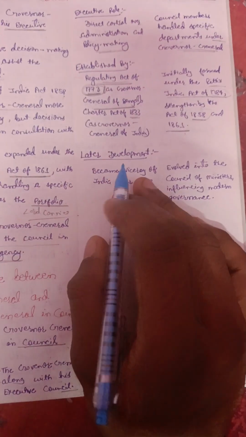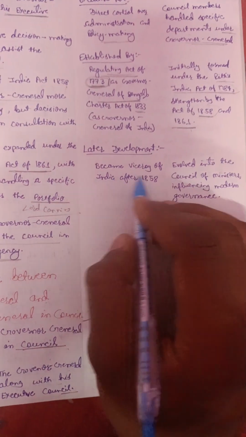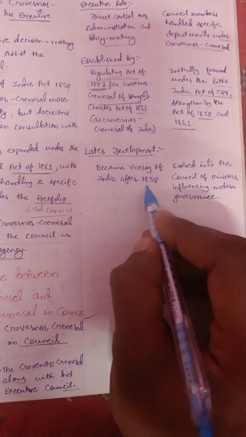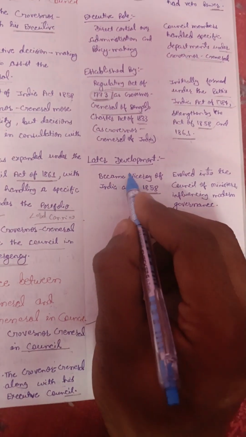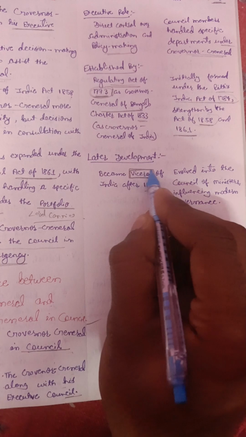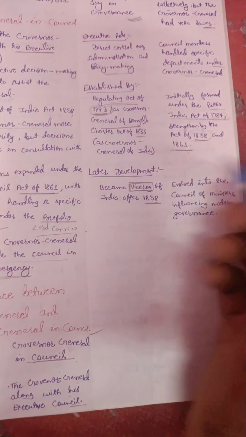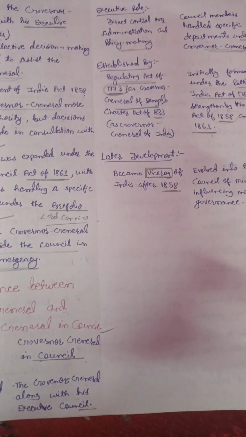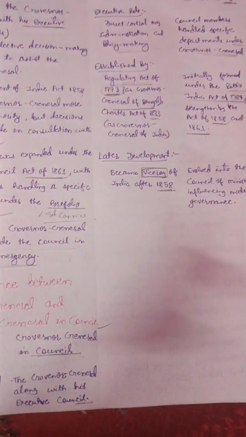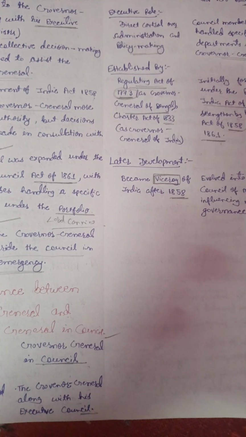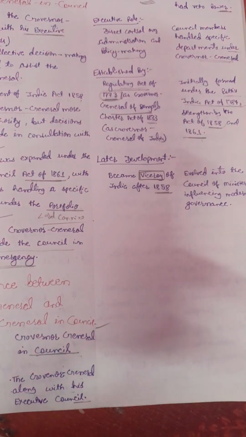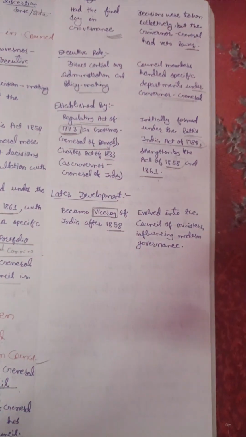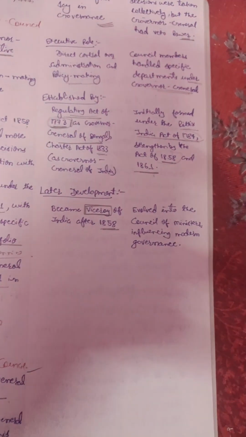Now the later development: after 1858 the name was changed to Viceroy. You could remember that we previously discussed that after 1858 the designation of Governor General of India was changed to Viceroy under the Queen's Proclamation, and the first Viceroy of India was Lord Canning.